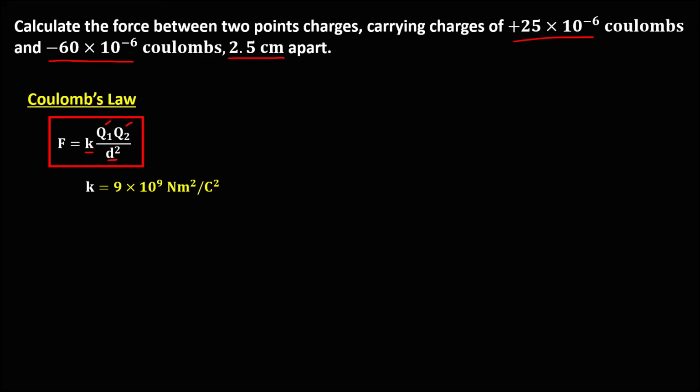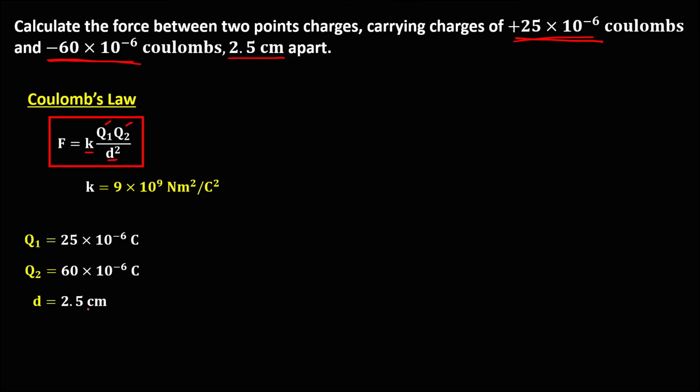So from this given, Q sub 1, the first charge, is 25 times 10 to the power negative 6, and Q sub 2, the second charge, is 60 times 10 to the power negative 6. Then D, the distance, is 2.5 centimeters.